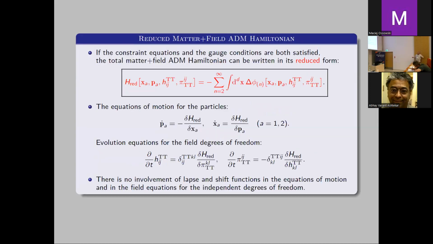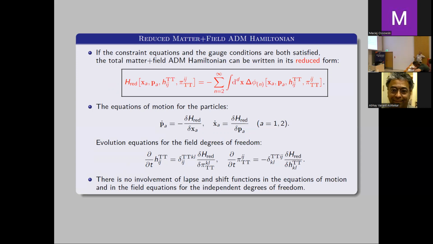Okay. Now we use both the gauge conditions and constraint equations. And using them, you can reduce the initial Hamiltonian of the theory to this form. Some more algebra is needed to do this.